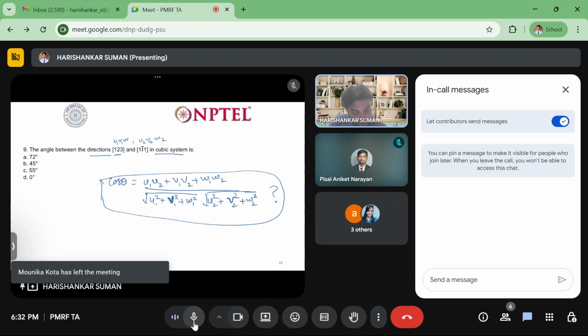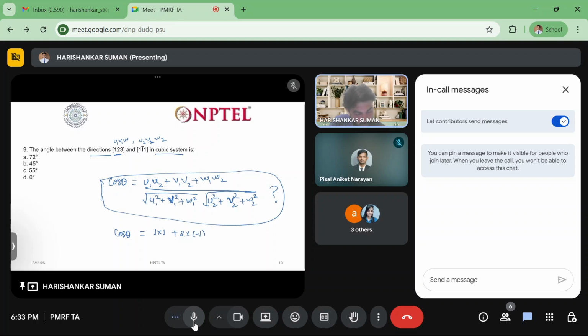Please put these values in this equation. 1 cross 1 plus 2 cross minus 1 plus 3 cross 1, over 1 square, 2 square, 3 square, and 1 square, minus 1 square, again 1 square.